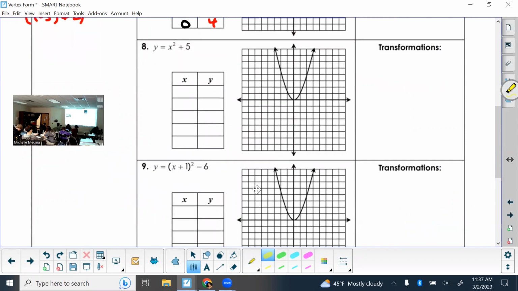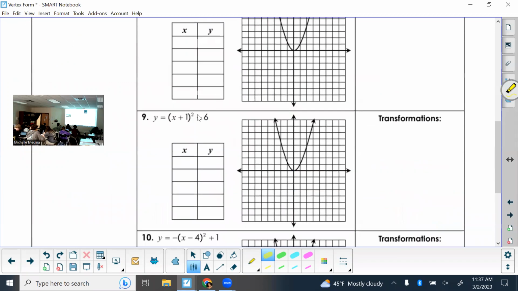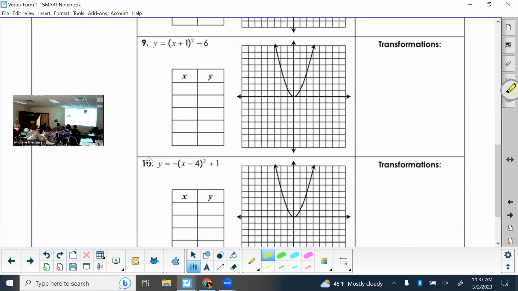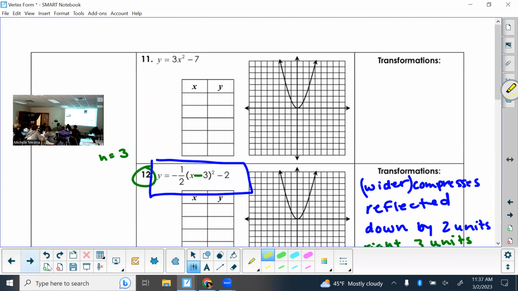This one has 2 transformations. For you guys, do just the transformations for, let's do 10 and 11. So 10 and 11 will be your try, just for the transformations though.